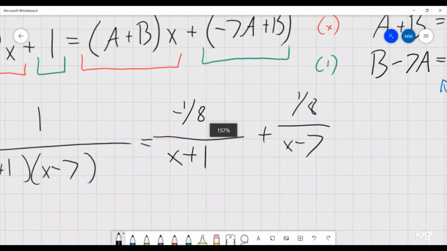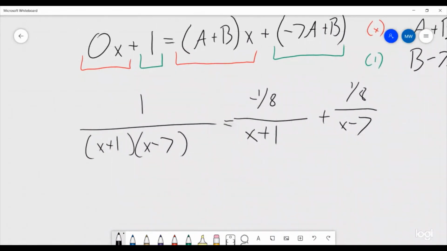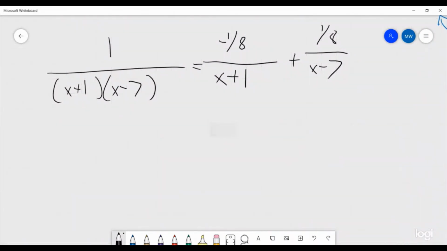Now we might be wondering, why would we want to be doing this? Well, suppose that we were given the integral of dx over (x plus 1)(x minus 7).